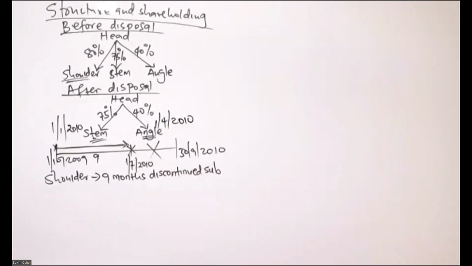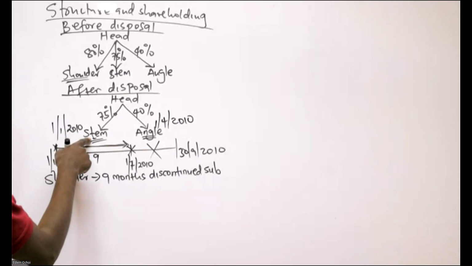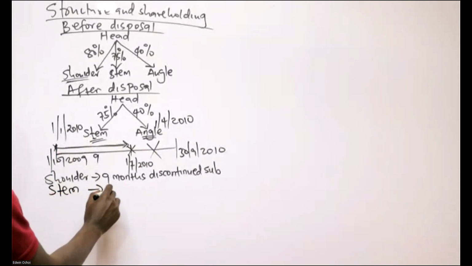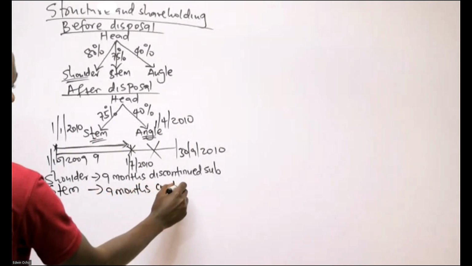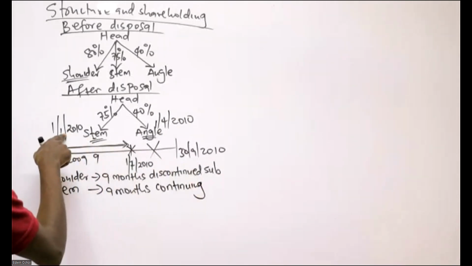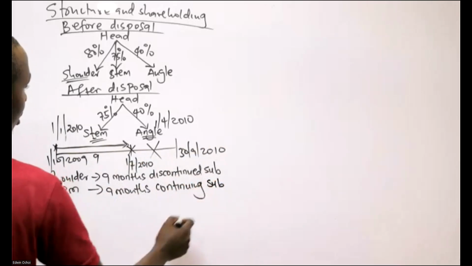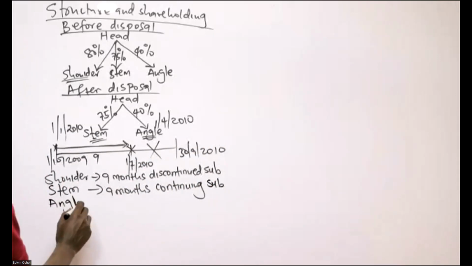From January, when Stem was acquired, to the end of the year, those are 9 months. Stem is a 9 months continuing subsidiary, because it was acquired in January and existed until the end of the year. What about Angle?